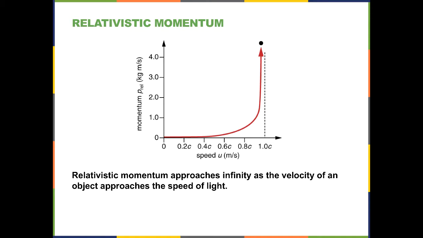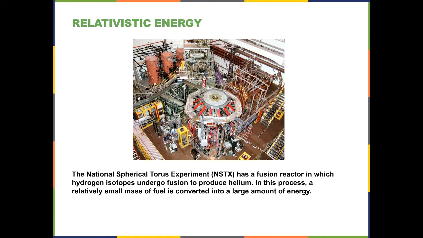This diagram just shows that as masses approach the speed of light, the relativistic momentum approaches infinity. And this is one evidence that things with mass cannot actually reach the speed of light. The last topic we'll talk about is relativistic energy.